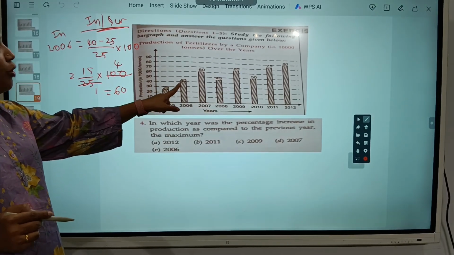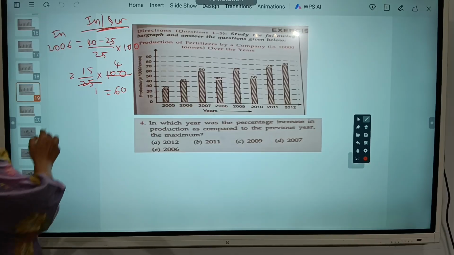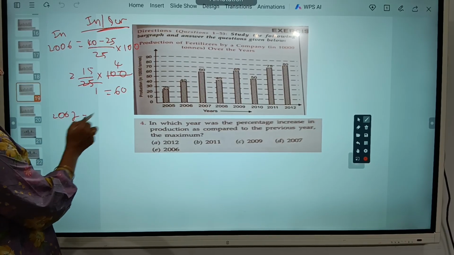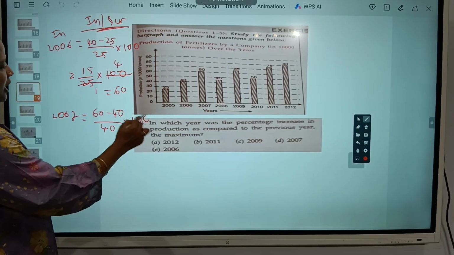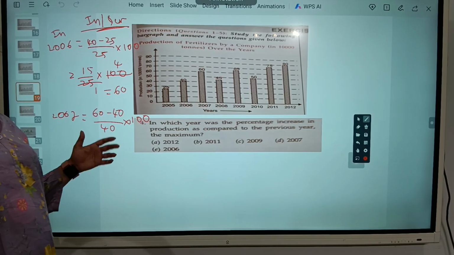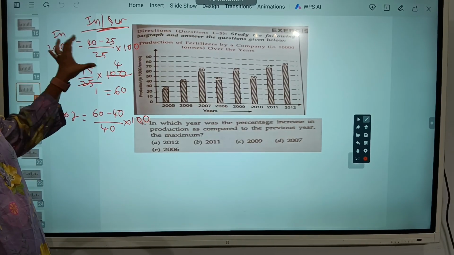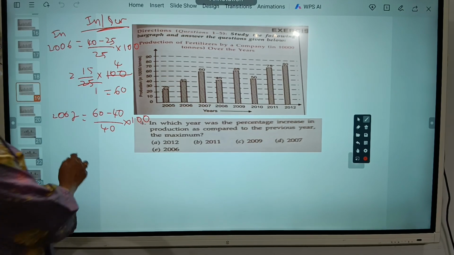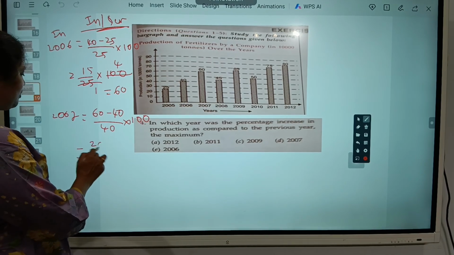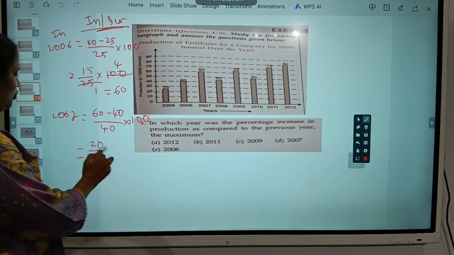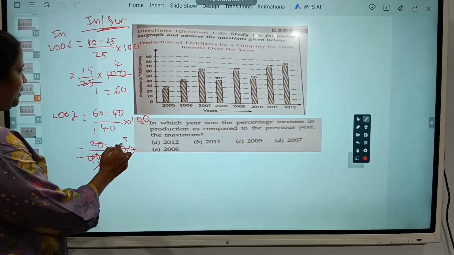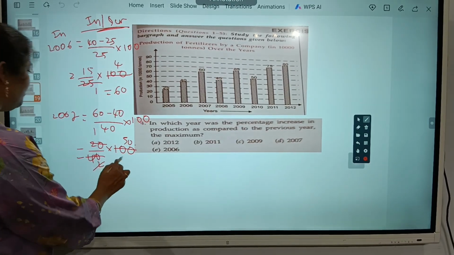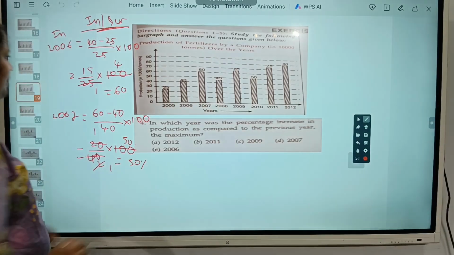Again in 2007, it is 60 minus 40 by 40 into 100. If you go on following every video continuously, then you will easily understand these questions. So 60 minus 40, 20 by 40 into 100. It is 50% in 2007.